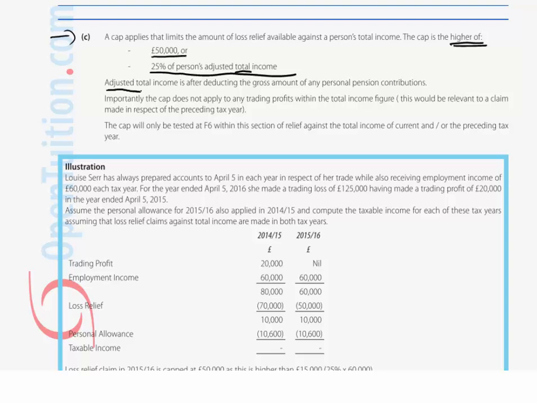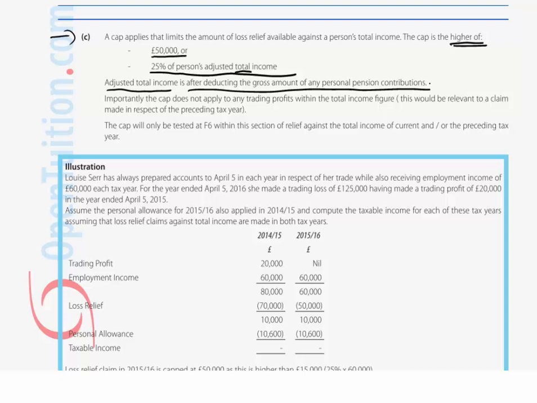So here's your definition of adjusted total income. That is your total income after deducting the gross amount of any personal pension contributions. Now, personal pension contributions were paid net of basic rate relief being given at source, and in a later chapter we will be dealing with all of the tax issues pertaining to pension contributions, be they personal pension contributions or occupational pension contributions.